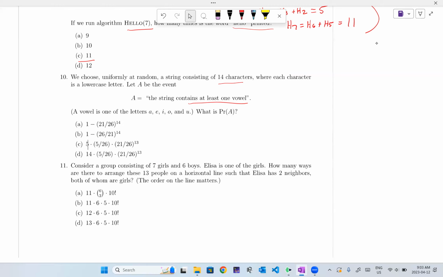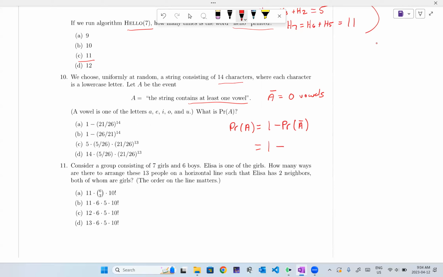Perhaps not if the numbers are low enough, but basically A is at least one vowel and A naught is 0 vowels. And I know that the probability of A is equal to 1 minus the probability of A naught. And I can figure out the probability of A naught.